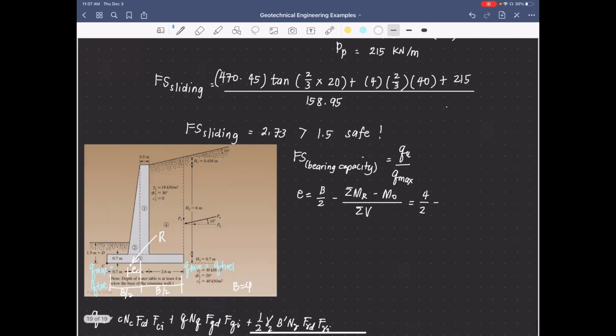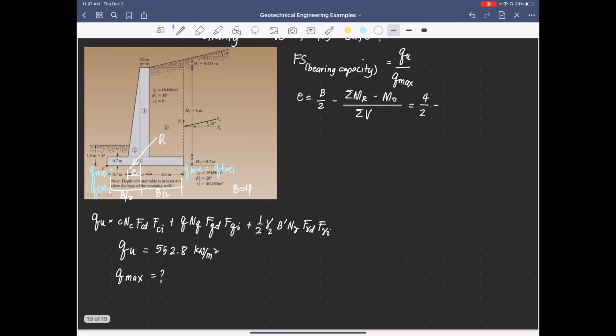So we just plug in these values here in our example. So we have 1128.98 minus 379.25 divided by the sum of the vertical pressure, 470.45. So from here we can calculate for e, which is equal to 0.406 meters.